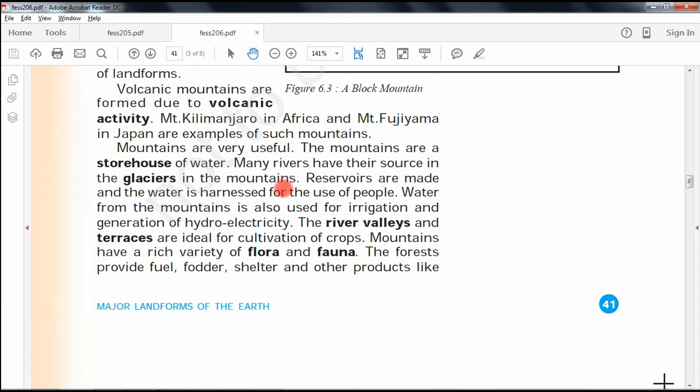These cones are formed into mountains over time. And mountains are very useful actually. Mountains are storehouses of water because there are frozen glaciers and also a lot of rainfall. Reservoirs can also be constructed in mountains because of their height and features. Water from mountains is also used for irrigation and generation of hydroelectricity.